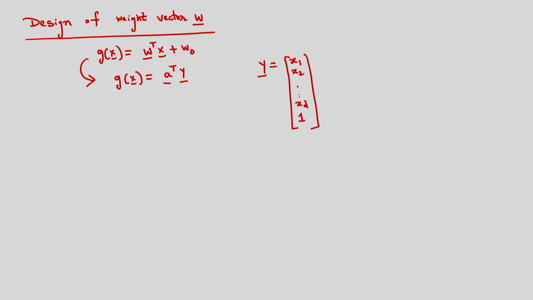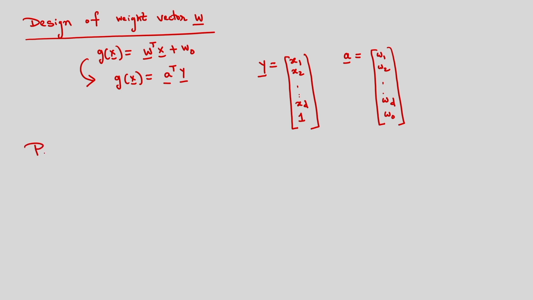And also, we are considering the modified weight vector A. So, we are considering all the components of the weight vector W. That means it is W1, W2 up to WD, and also we are considering the bias W naught. So, this is the modified weight vector. After this, I discussed the concept of perceptron criterion.